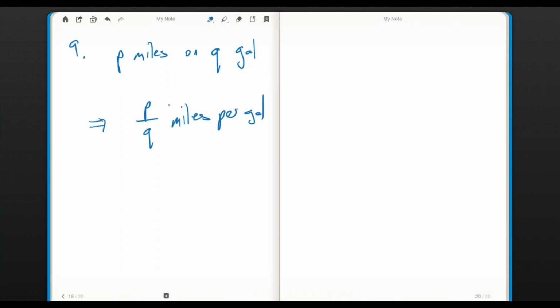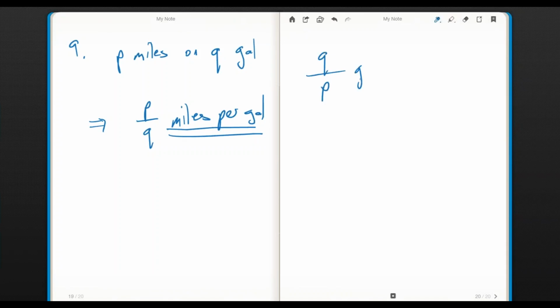And generally, when we're talking about cars, we talk about how many miles per gallon it goes. But notice what this wants to know. It doesn't want to know how many miles for each gallon. It wants to know how many gallons you need to go a certain distance. So we're just going to do it the other way. We're going to say instead there are Q over P gallons per mile.